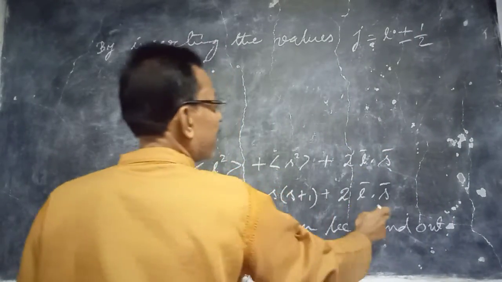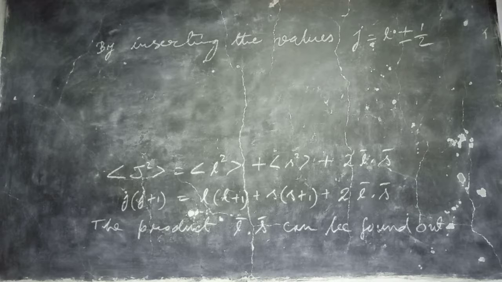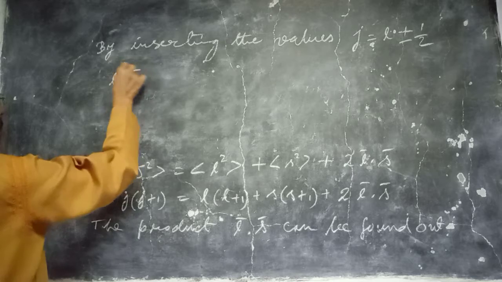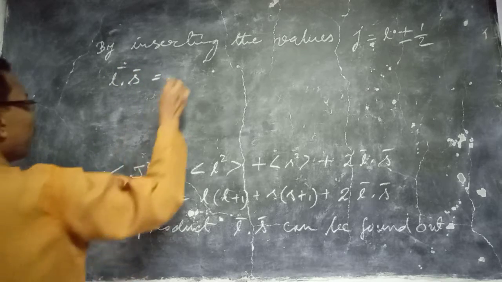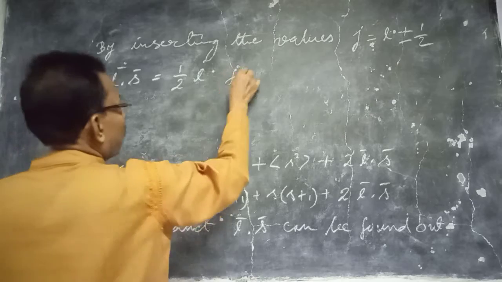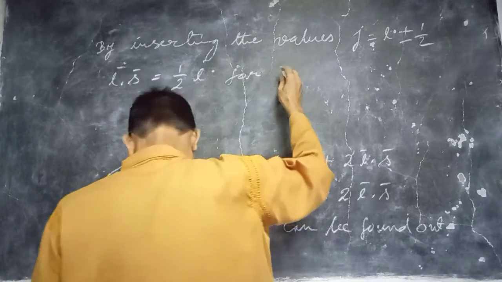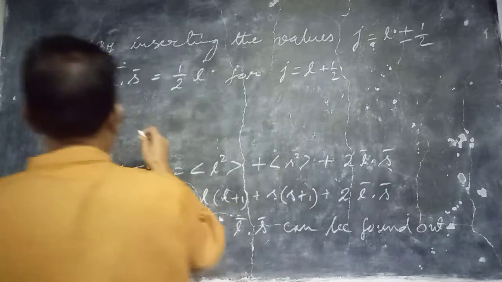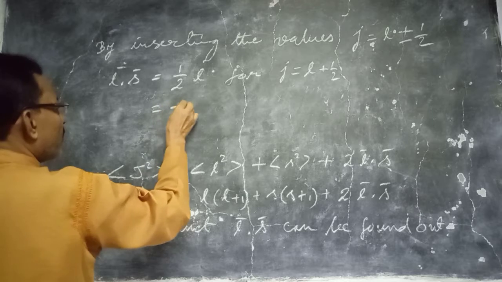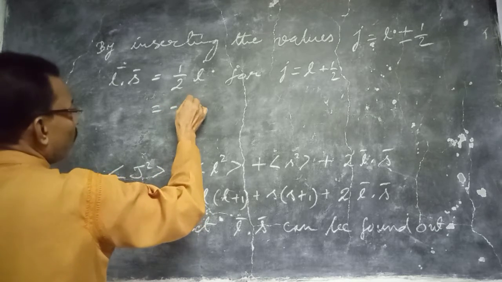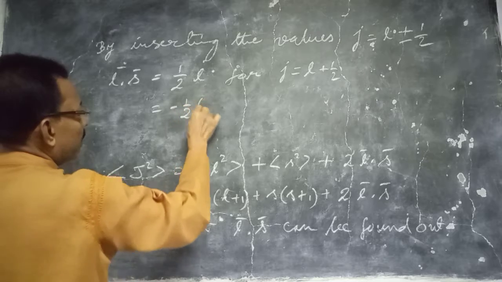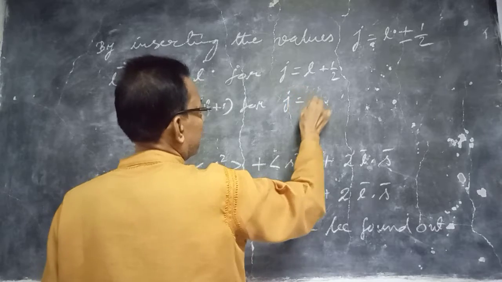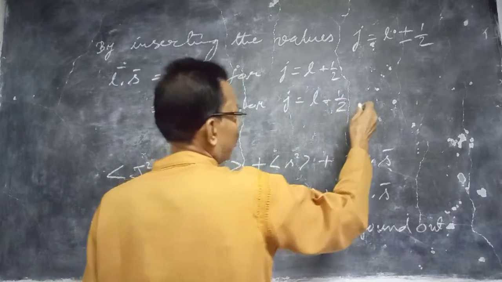In this expression, one can calculate L·S for the two possible cases. L·S will be equal to half L for J equal to L plus half, and minus half (L plus 1) for J equal to L minus half.